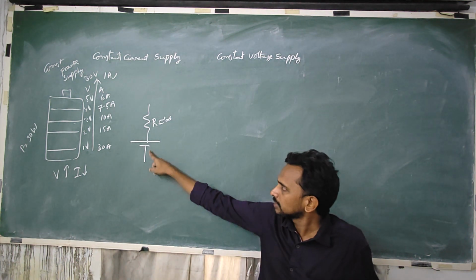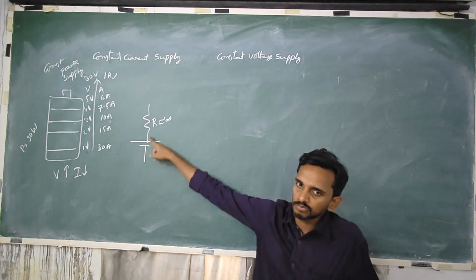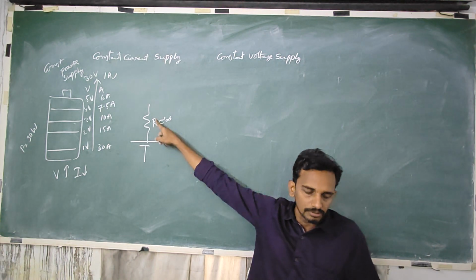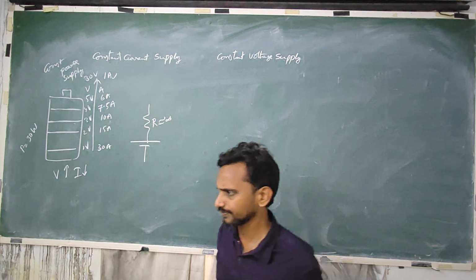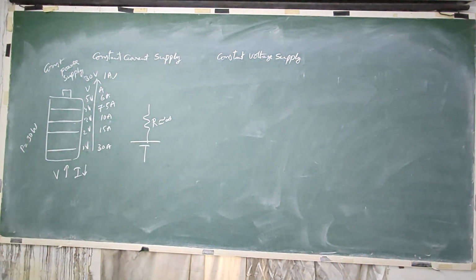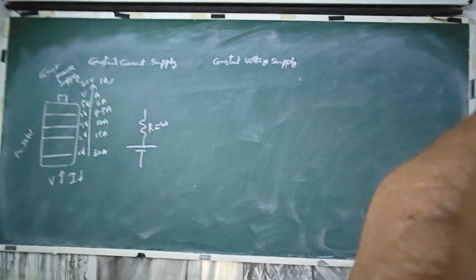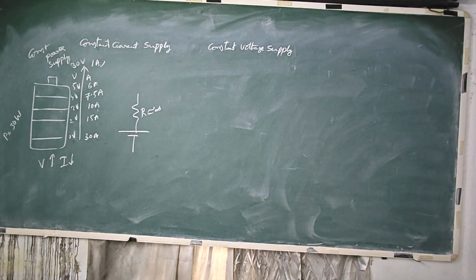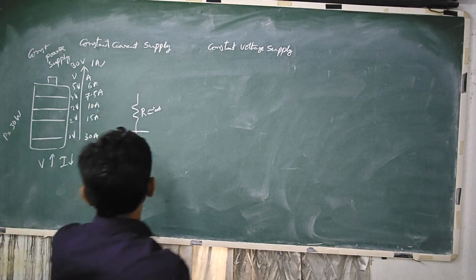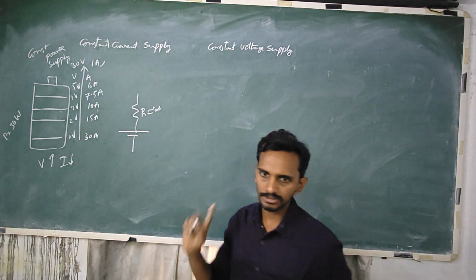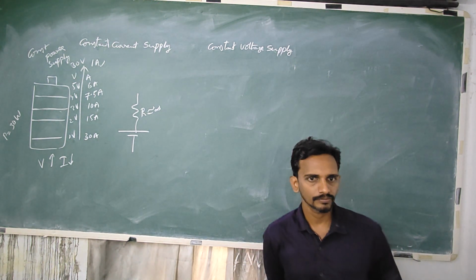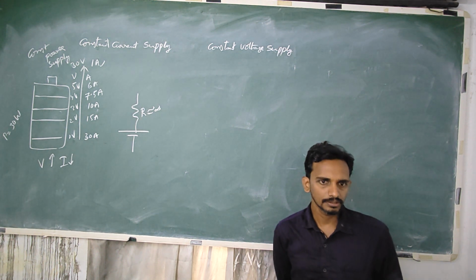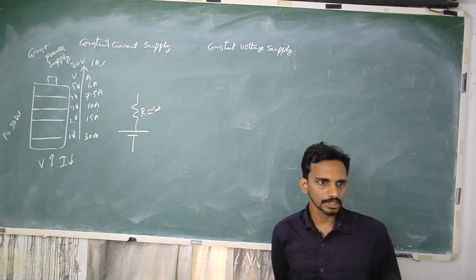So even though the power supply is able to produce more electrons, if I keep a very heavy resistance in series with a constant power supply, it acts as a constant current supply.